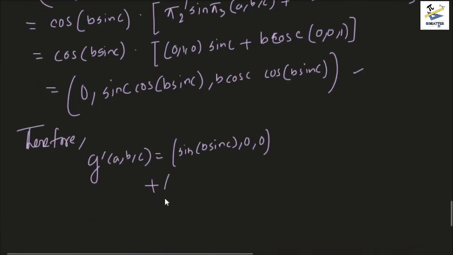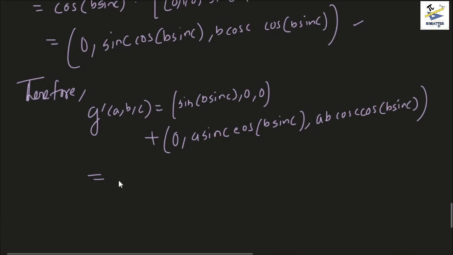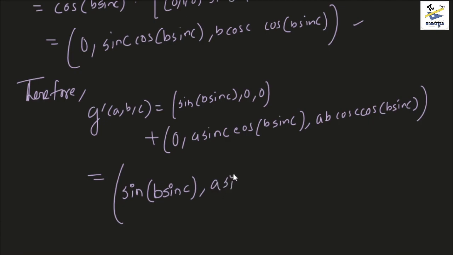So plus what you have is this 0 comma a sine c cosine of b sine c comma ab cos c into cos of b sine c, and together we have g prime ABC as sine of b sine c comma a sine c cosine of b sine c comma ab cosine of c into cosine of b sine c. This would be g prime of ABC.